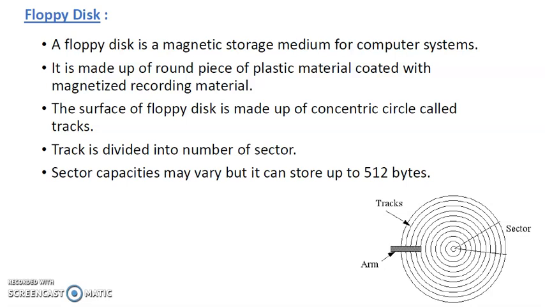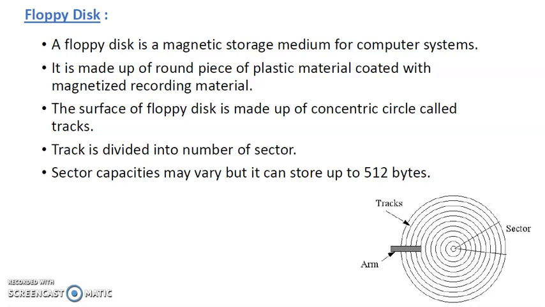And each track is subdivided into a number of sectors. Sector capacities may vary, but typically a sector can store 512 bytes. You can see in the diagram the tracks are divided into sectors.